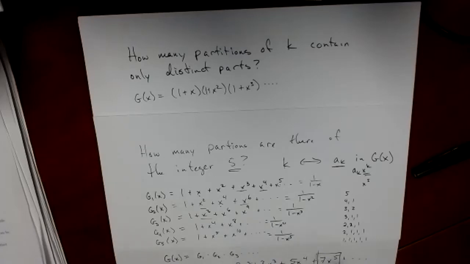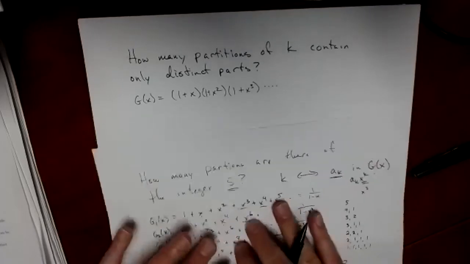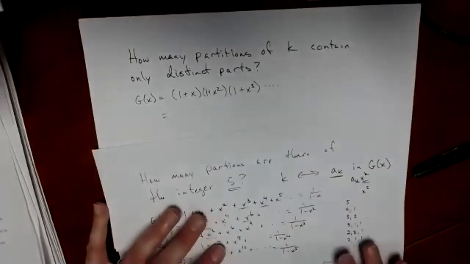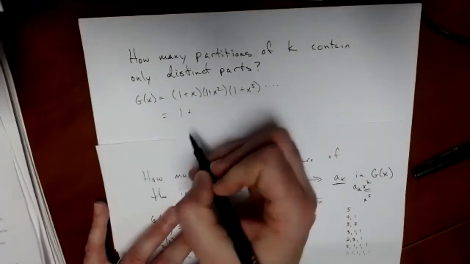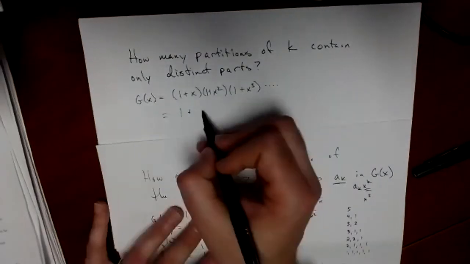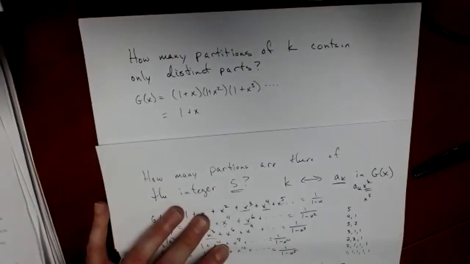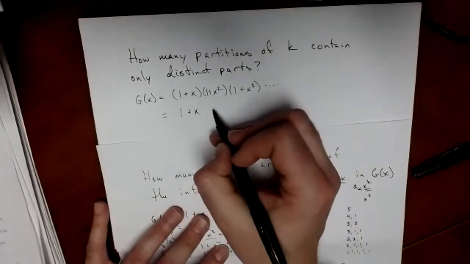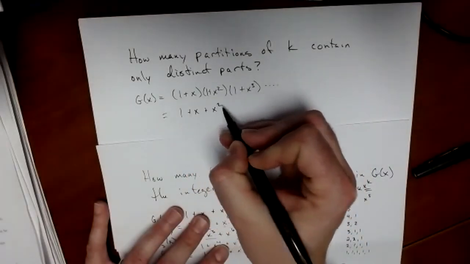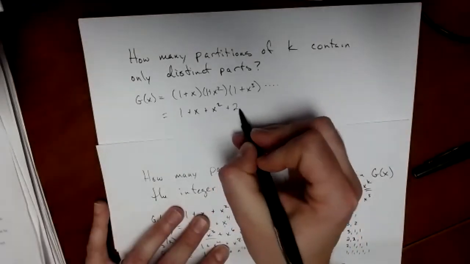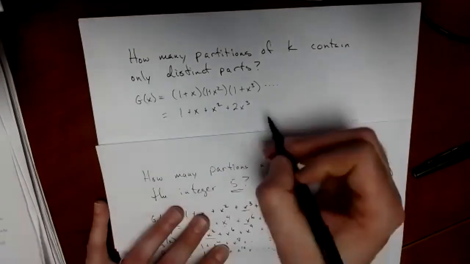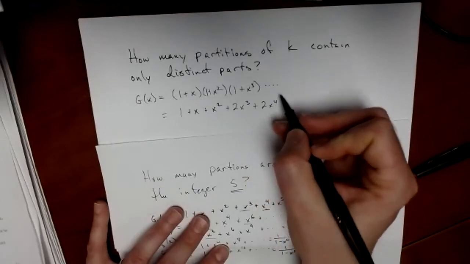So what does this generating function look like? It will get 1, we'll get X, we'll get X squared, but then there'll be 2 ways to get X cubed and 2 ways to get X to the 4th.